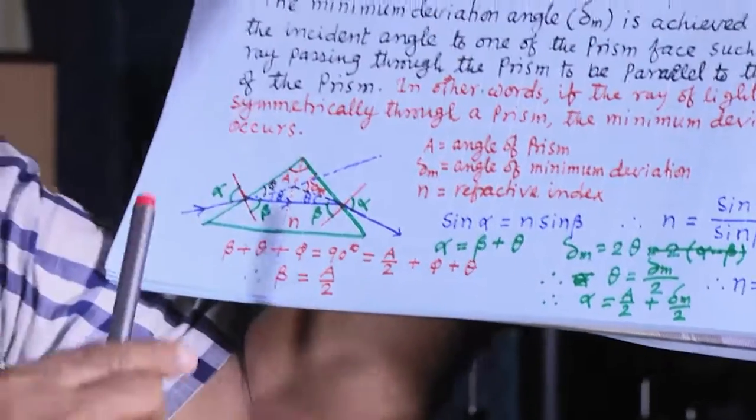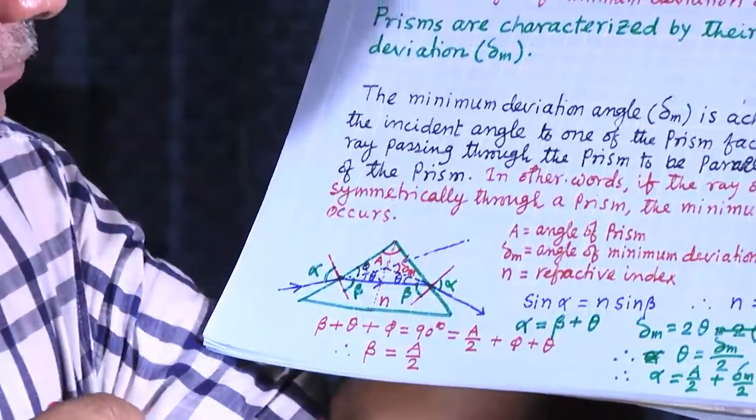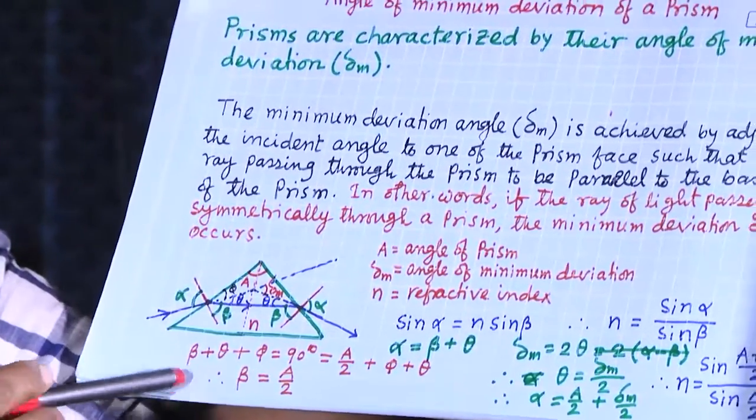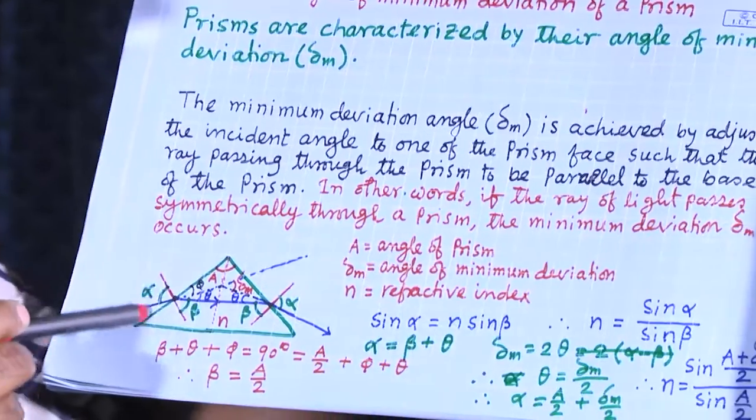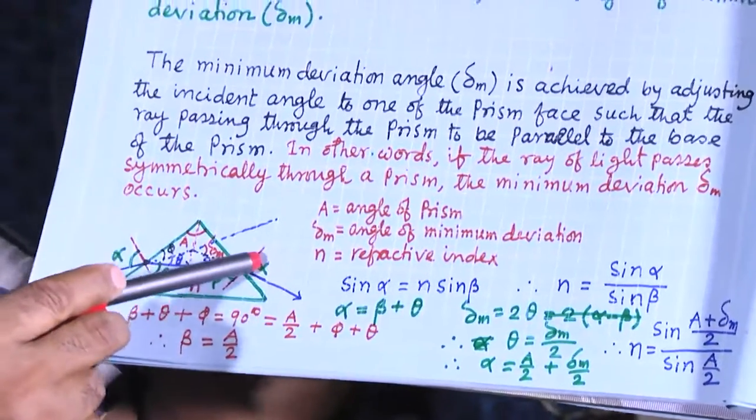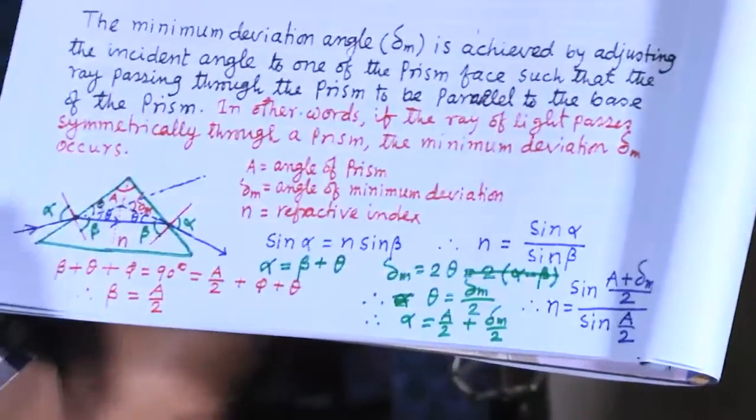And in case of minimum deviation, one can also see that the angle of incidence and angle of emergence will be the same.